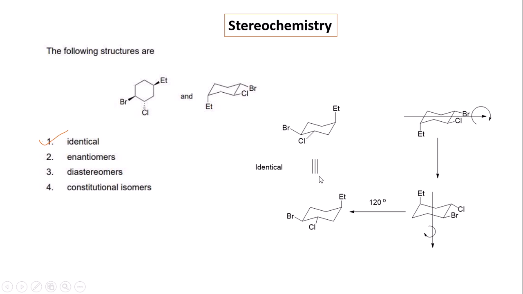And if we rotate it by 180 degrees followed by 120 degrees, we get the compound similar to the given substrate. So after conversion to the chair conformation, and after rotation by 180 degrees and then 120 degrees, this is identical with that. That is, the two conformations are identical to each other.